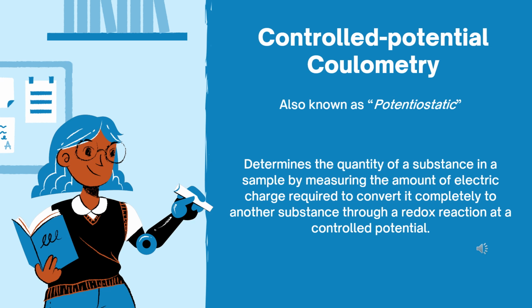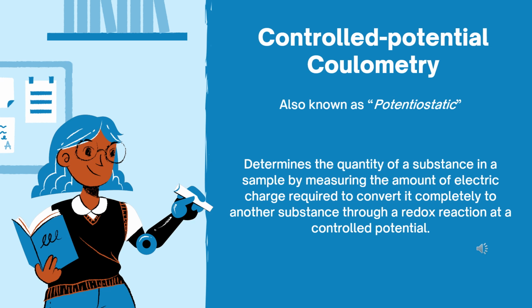So this controlled potential coulometry determines the quantity of a substance in a sample by measuring the amount of charge required to convert it to another substance through a redox reaction.